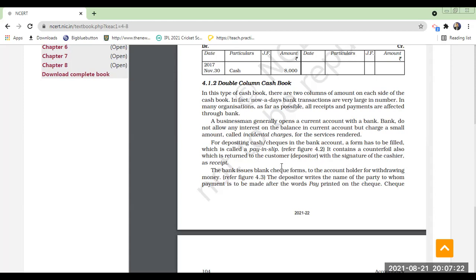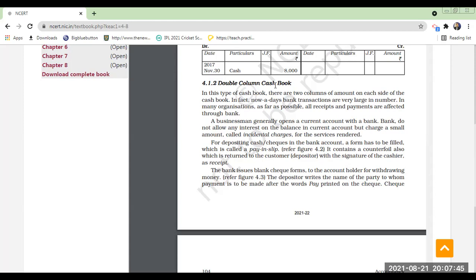How many cash books are there? 3, sir. What are they? Single column cash book, double column cash book, triple column cash book, and petty cash book. How many are there? 4, sir. Okay, 4 types of cash books are there.